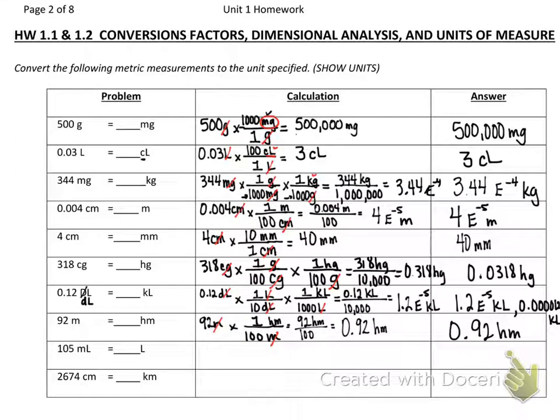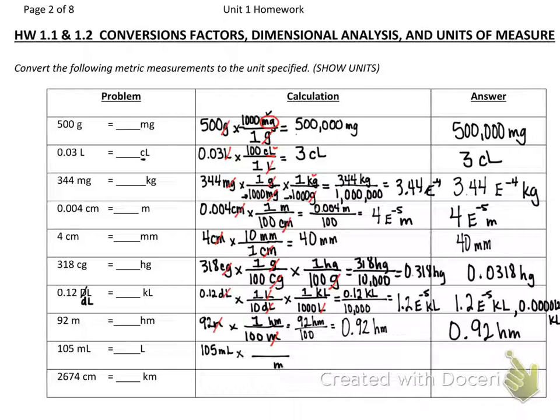Alright, our next problem, we have our given 105 milliliters. And we want to get to liters. We look at our table, and how many milliliters are in a liter? Well, it says we have 1,000 milliliters.